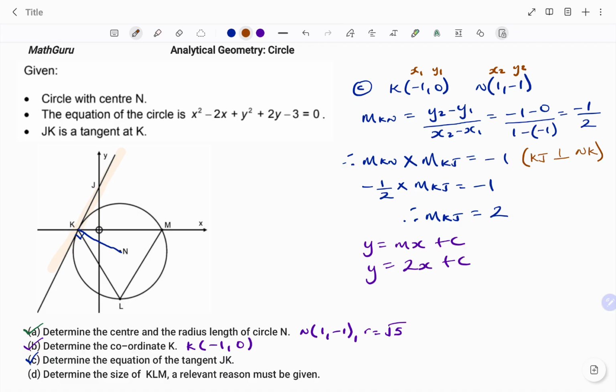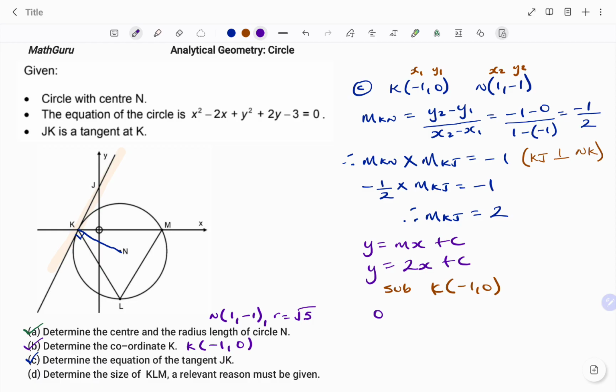The next step, I'm going to substitute a point on the line. I'm going to substitute the point -1, 0, that's K. I'm doing that to get the value of c.